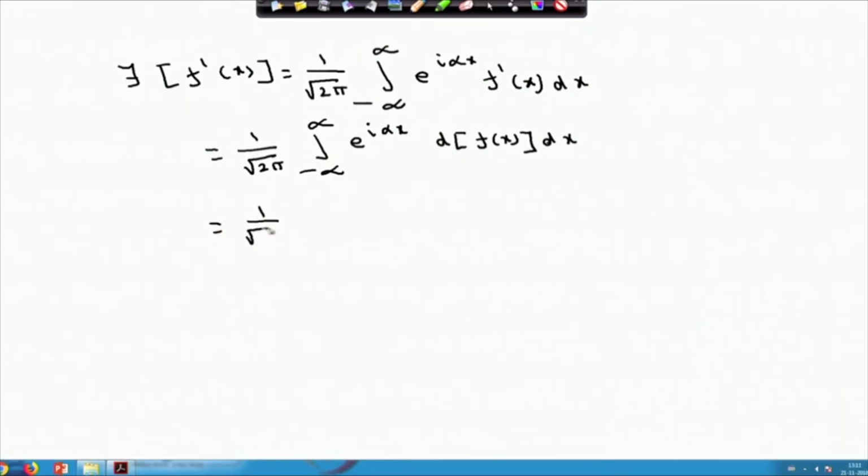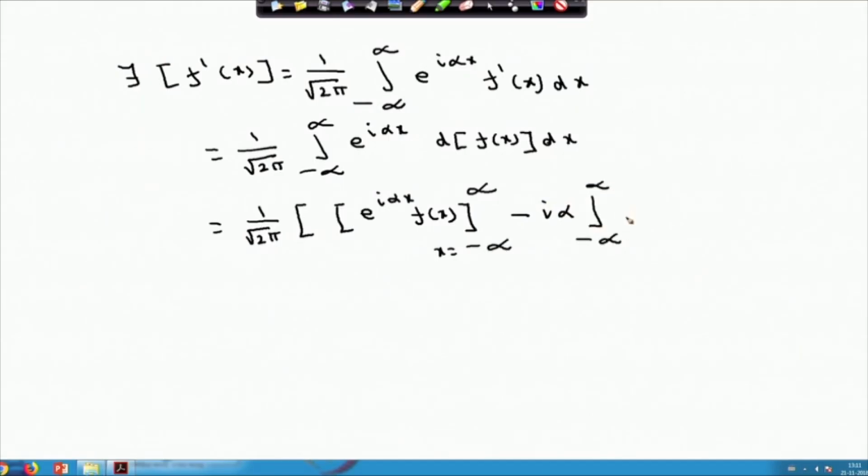By integration by parts, the first term will be e to the power i alpha x into f(x), where x varies from minus infinity to plus infinity, minus, if I integrate this, i alpha comes out, i alpha integral from minus infinity to infinity of f(x) into e to the power i alpha x into dx.